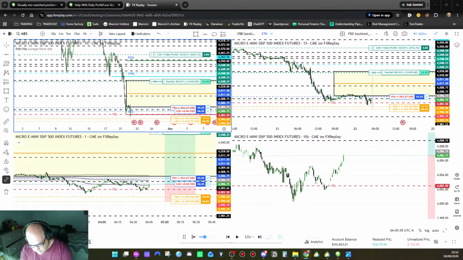Entered the second trade simultaneously after the failed pattern of the previous day low. Same TP1 and TP2 as the previous open trade.